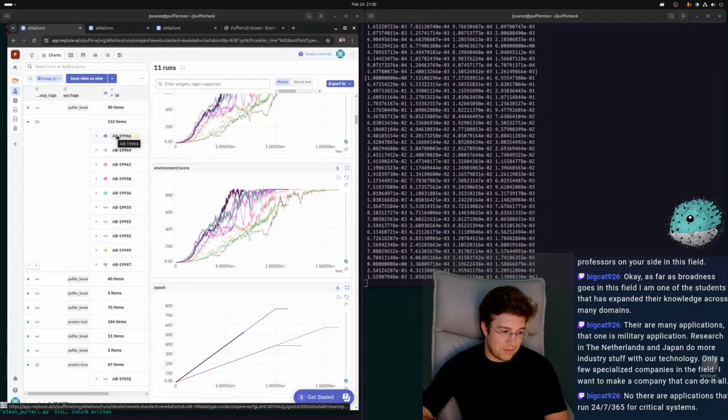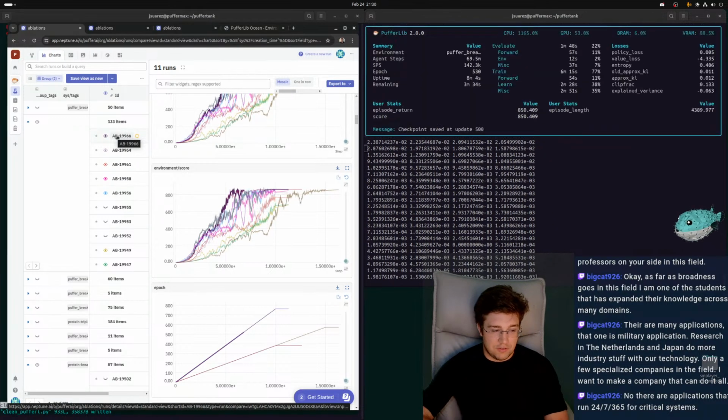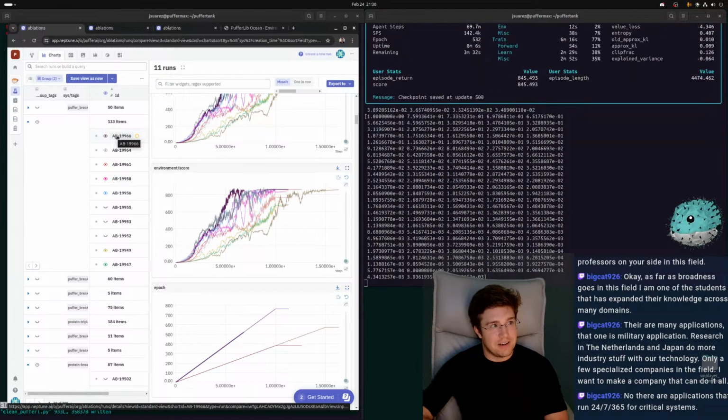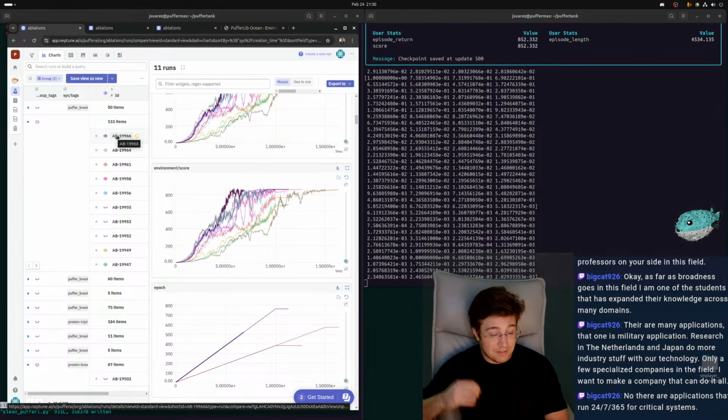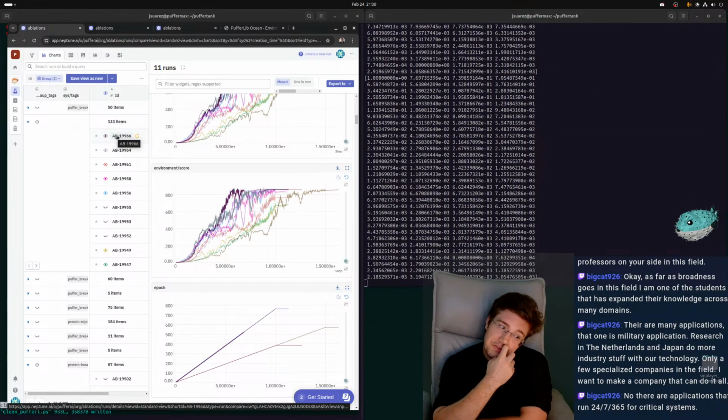Applications that run 24/7. So presumably you're not constantly detonating C4. Unless you are. Constant C4 detonation.